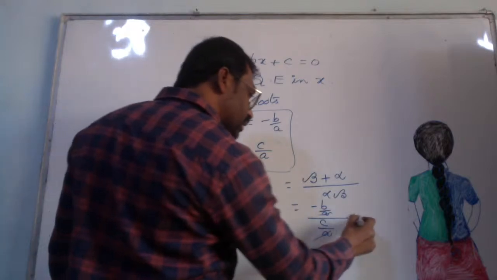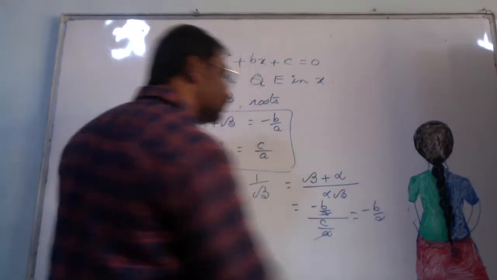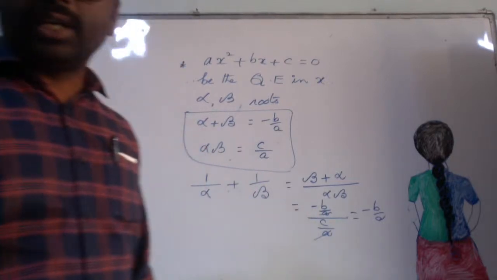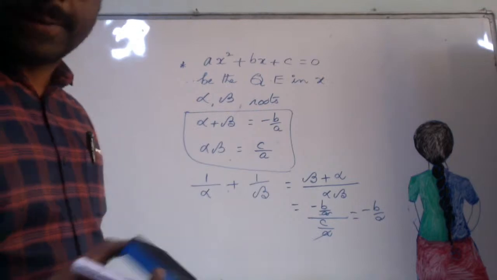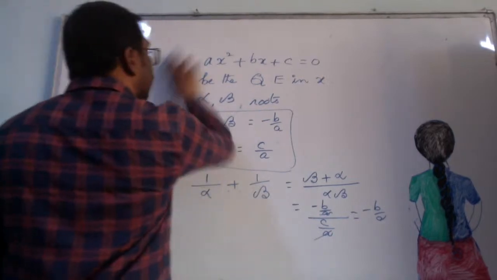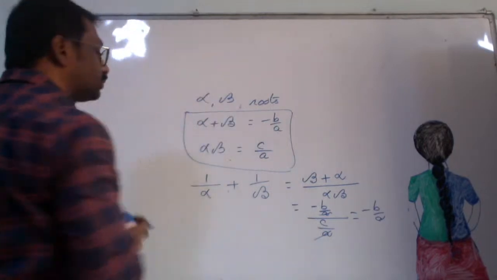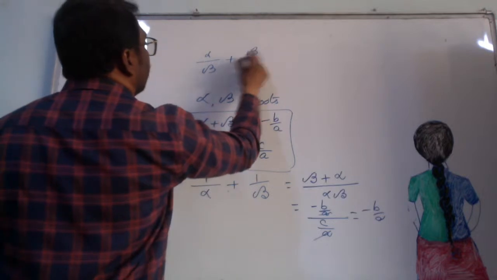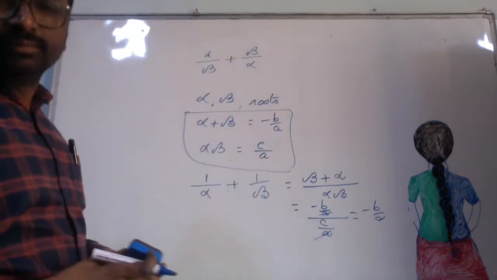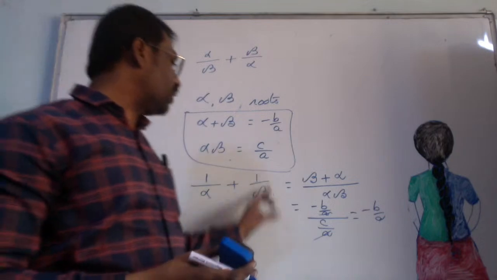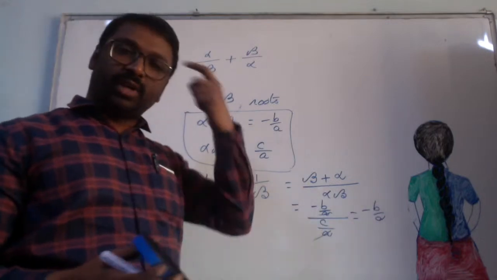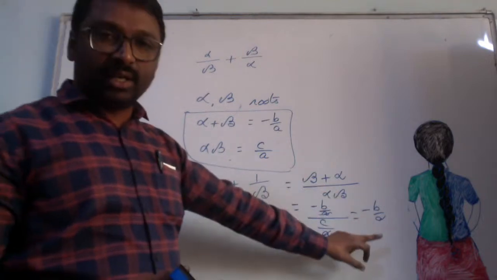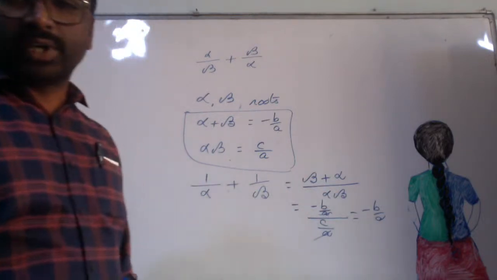Then a gets cancelled, and you get minus b by c. So 1 by alpha plus 1 by beta is minus b by c. If you keep this in mind, when the question is asked in the MCQ, you can write it directly using this formula.